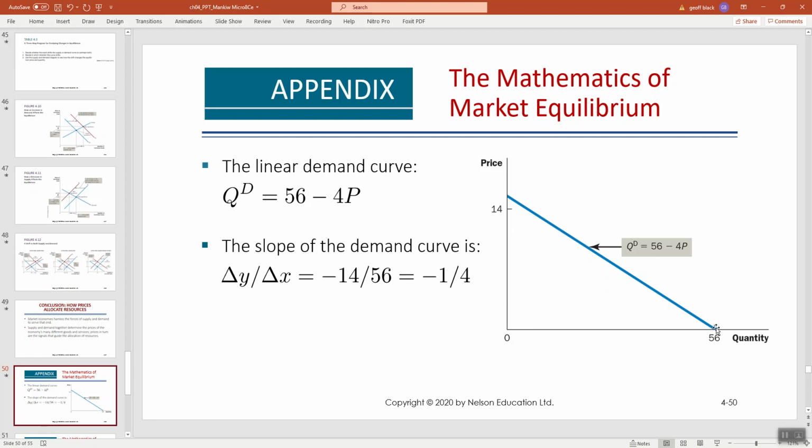Now, conveniently, what you could do would be to sub in a 0 for Q. So what happens when Q is 0? Now you've got a 0 over here.